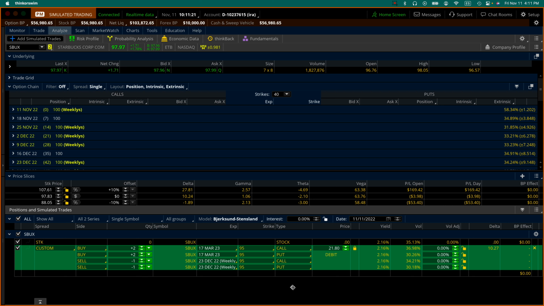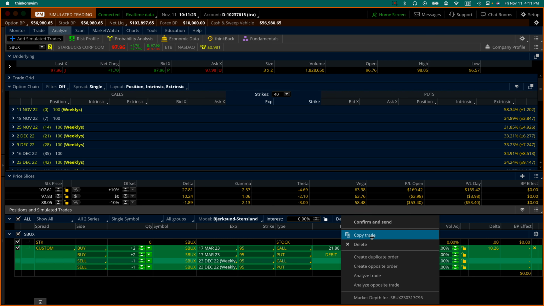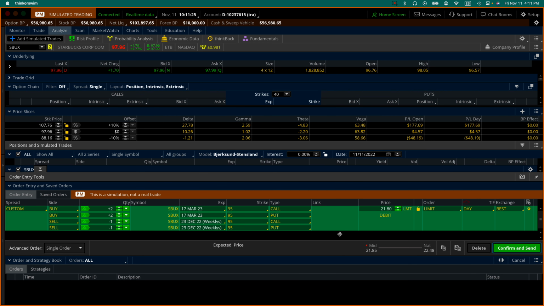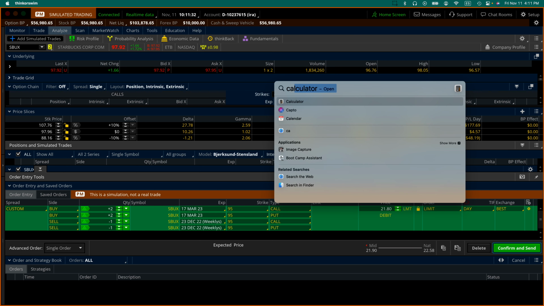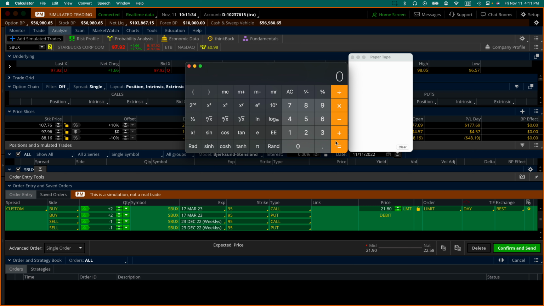And then we see, create the duplicate, and we're looking for the liquidity on it, mid versus natural of this whole trade. Okay. Again, the back month, the natural is 22.48 and subtract 21.81, difference 0.67.